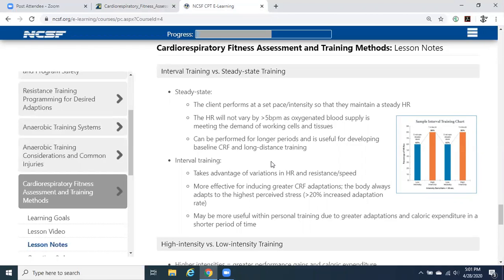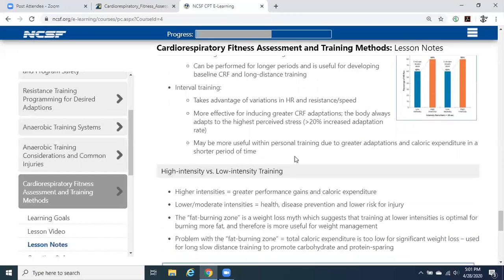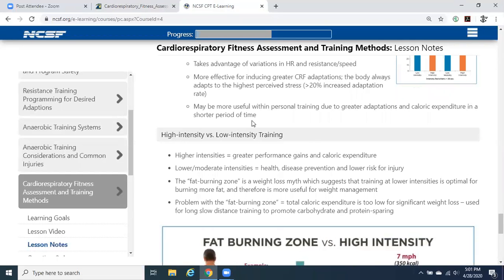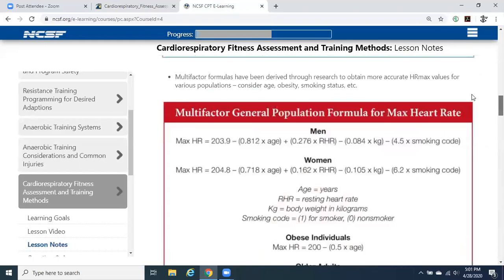So using maybe an up and down scheme where you're going from high intensity to moderate intensity to low intensity and then back up. As far as high versus low intensity training, we talked about higher intensities equaling greater performance gains in caloric expenditure, and lower to moderate intensities equaling heart disease prevention and lower risk for injury. So both are very good for the individual.